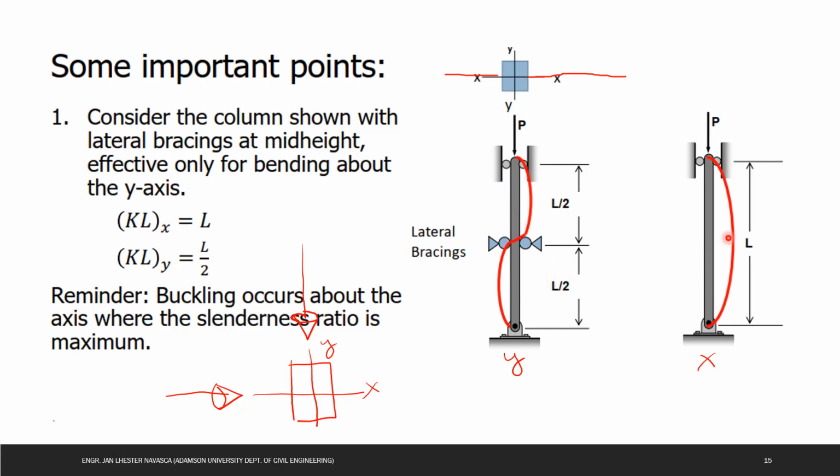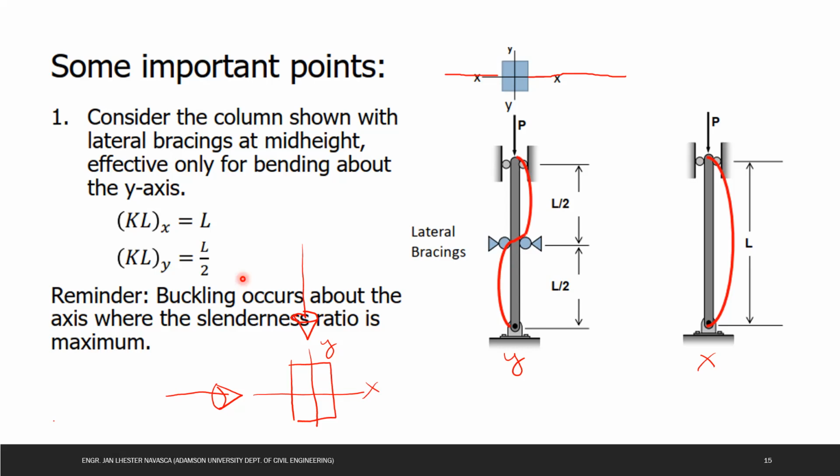Okay, then looking into the x axis, since there is no bracing attached in the x axis, you have this bending. Okay, you will see a bending like this. So reminder that buckling occurs about the axis where the slenderness ratio is maximum.